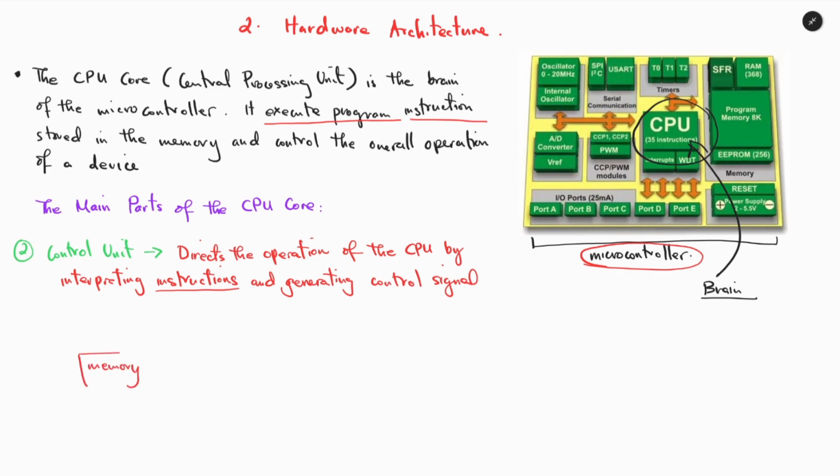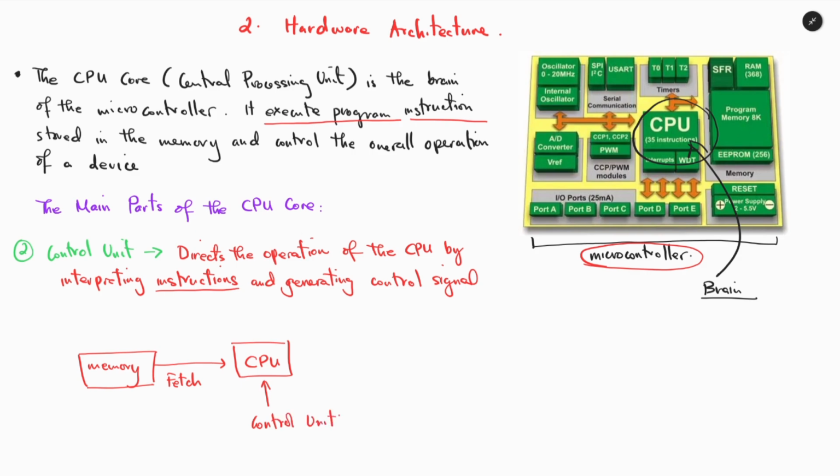We have the memory circuit which stores the instructions. When we fetch an instruction from the memory through the CPU, the CPU can process it, and we have inside the CPU what is called the control unit.